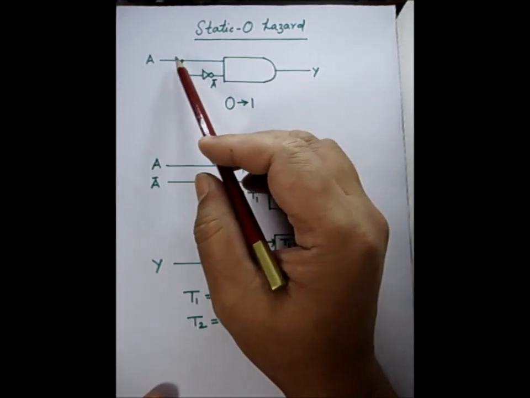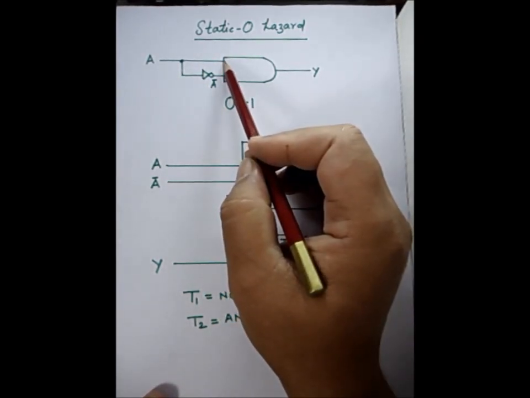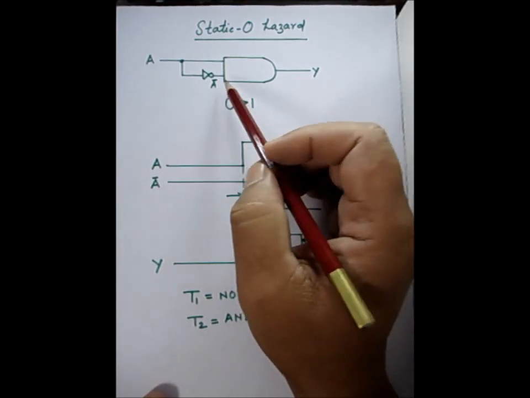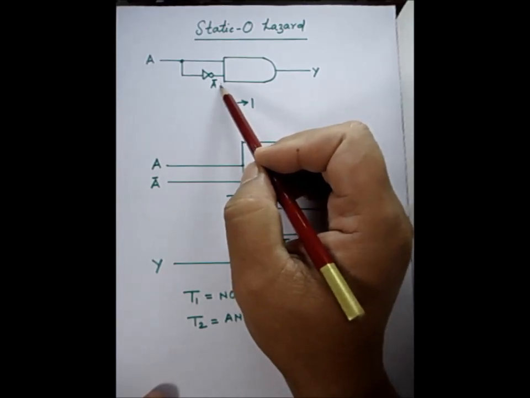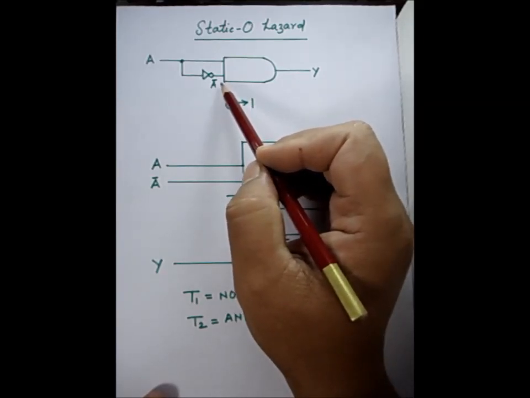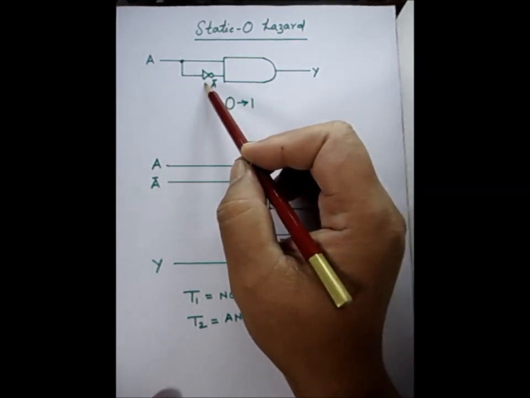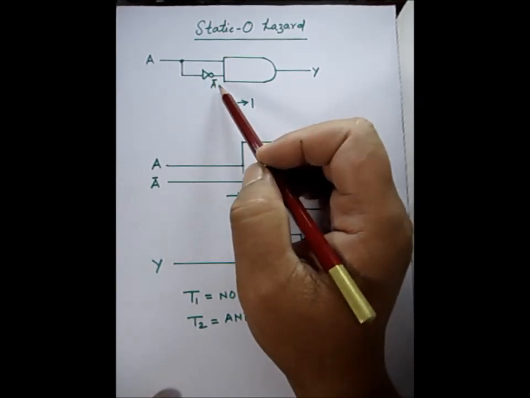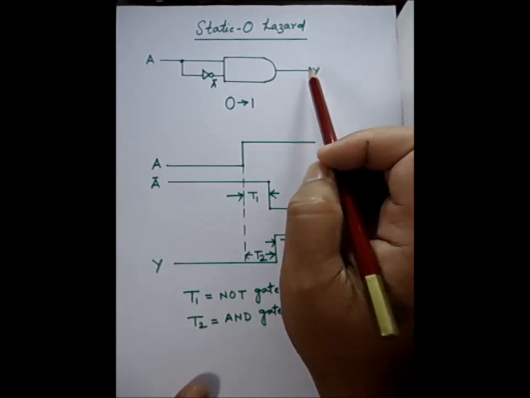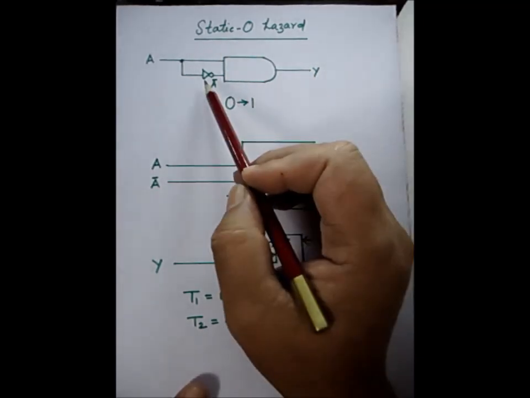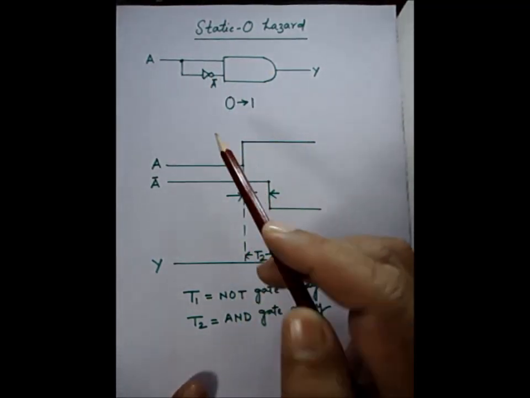Now A has become 1 immediately, but the complement of A does not become 0 immediately because of the delay in the NOT gate. As a result, the output becomes 1 for a small duration of time because of the delay in the NOT gate. And that is explained in this graph.